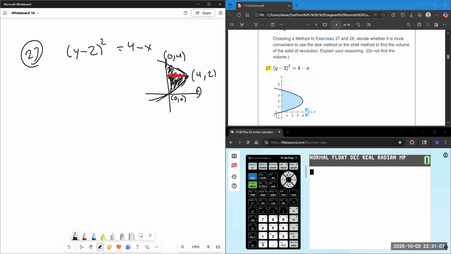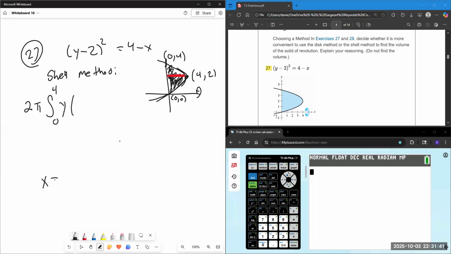So I'm going to use the shell method, because that's going to choose a rectangle that's parallel to my axis of rotation. So 2 pi, y goes from 0 to 4. Distance here to my representative rectangle is y, and then right minus left is, let me solve for x here.